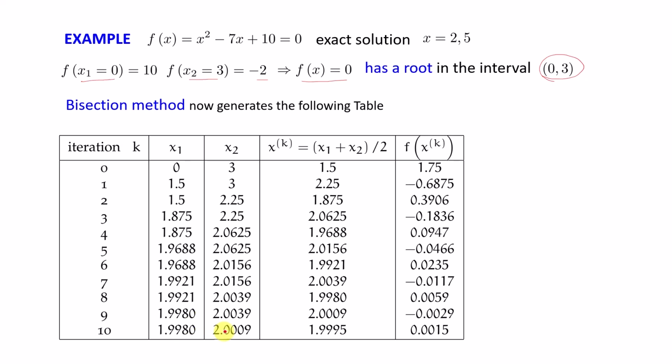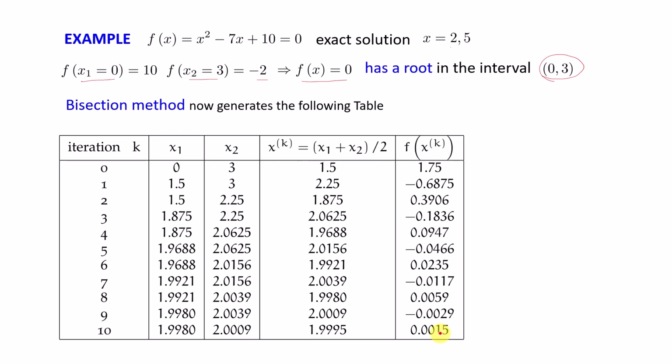So you can see that within 10 iterations it comes down to 1.9980, 2.0009. My x is 1.9995. We know exactly the x is 2. It is coming 1.9995. And f of x is 0.0015.